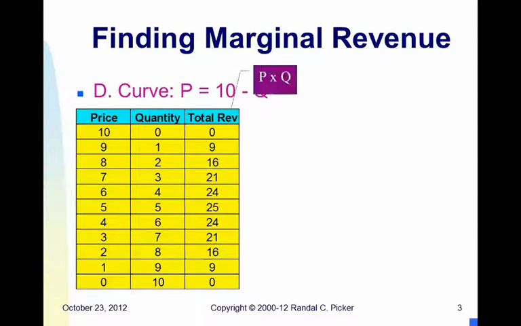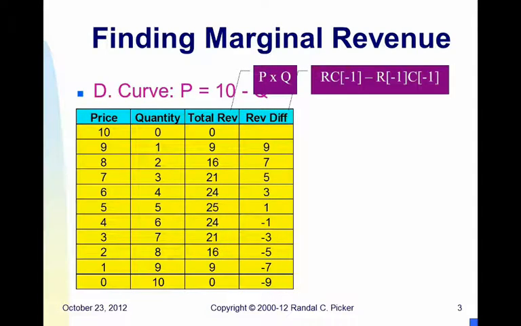And then what I want to do is calculate something that I'm going to call the revenue difference, and that's an intermediate calculation on the road to creating a marginal revenue figure. And you see I've got an Excel type formula for that up here. But basically all we're going to do is take the 9 adjacent to it and subtract the revenue above it. That's the revenue difference.